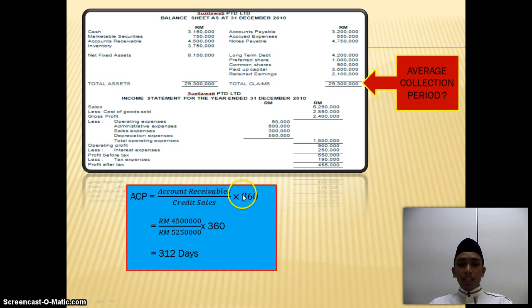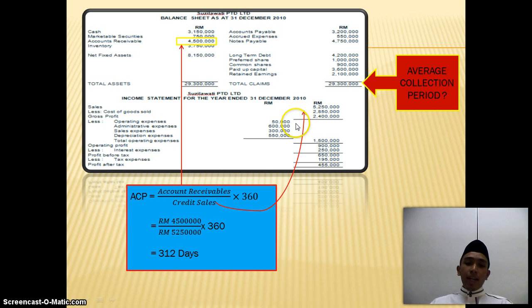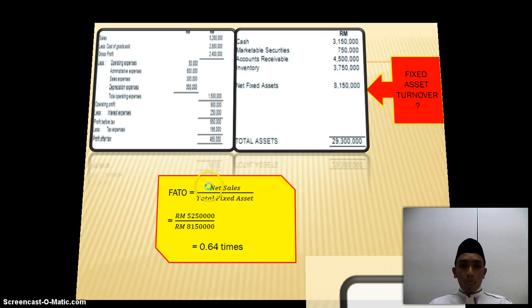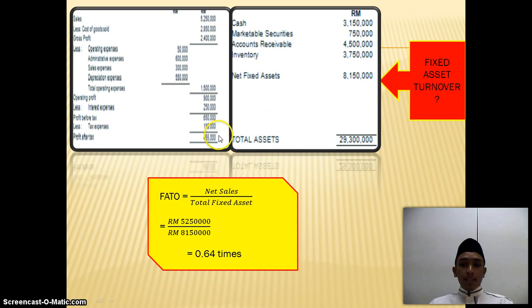If the question gives you 365 or something else, you must use what the question gives. So accounts receivable you can get from the statement of financial position here, divided by the credit sales you can get from the comprehensive income statement here. Then you must times by 360, and you will get 312 days.